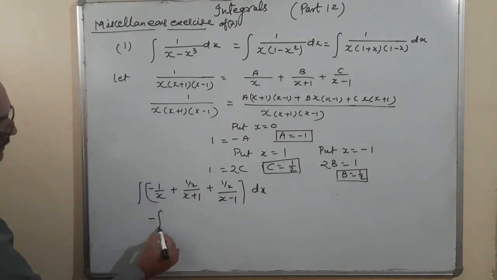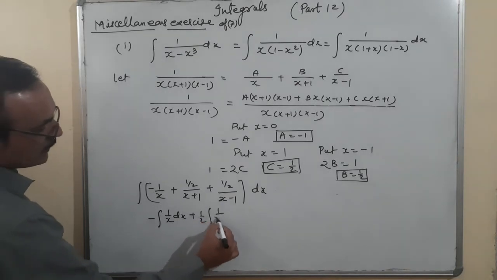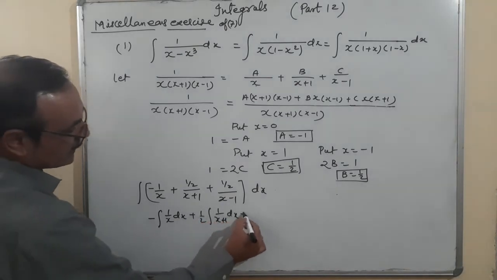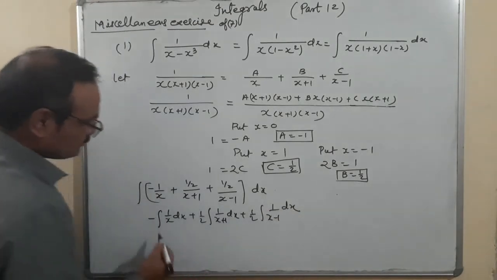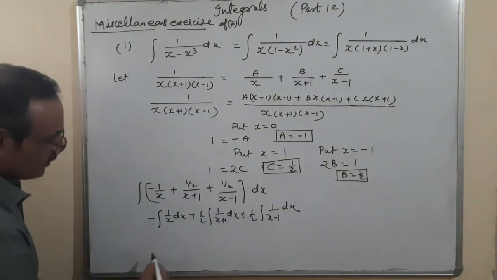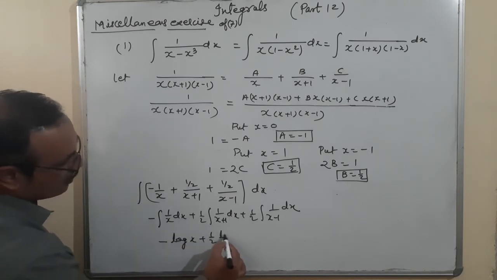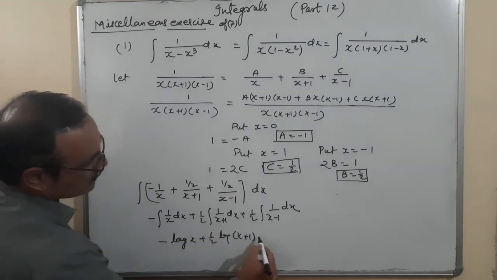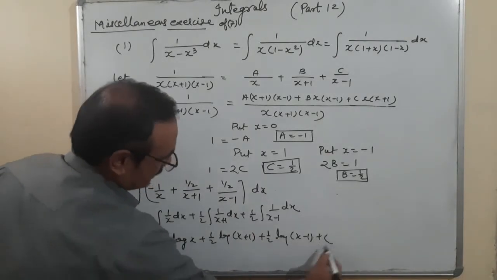Minus 1 upon x dx plus 1 by 2 times 1 upon x plus 1 dx, plus 1 by 2 times 1 upon x minus 1 dx. Integrating gives minus log x plus 1 upon 2 log of x plus 1 plus 1 upon 2 log of x minus 1 plus c.